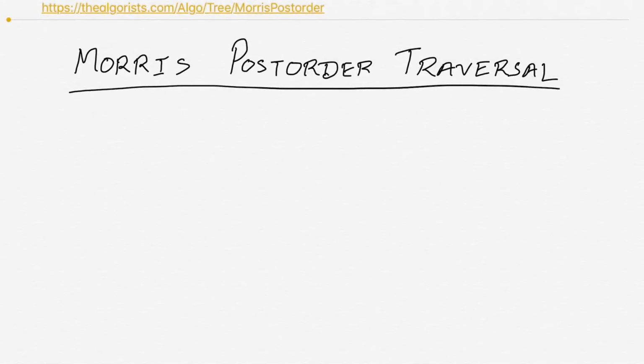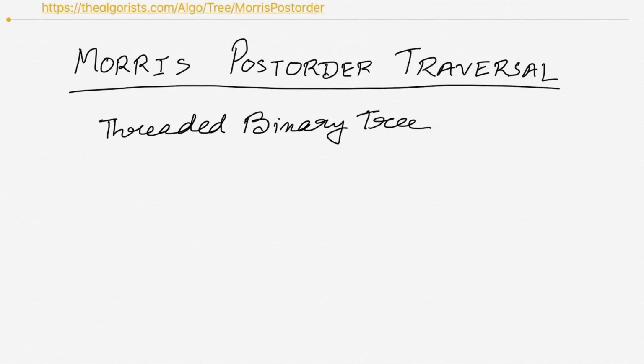At the heart of the Morris post-order traversal algorithm is the concept of a threaded binary tree. To give you a very brief idea, in a threaded binary tree we use the null pointers to do something really meaningful.